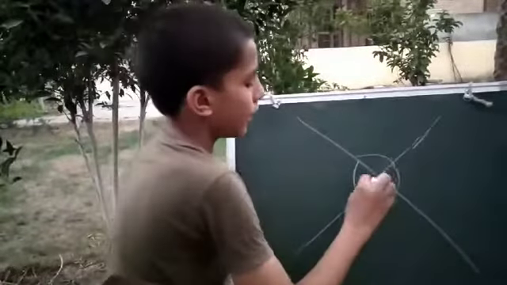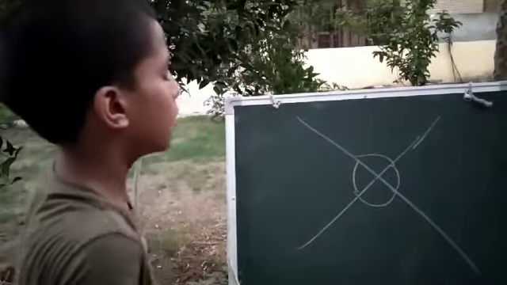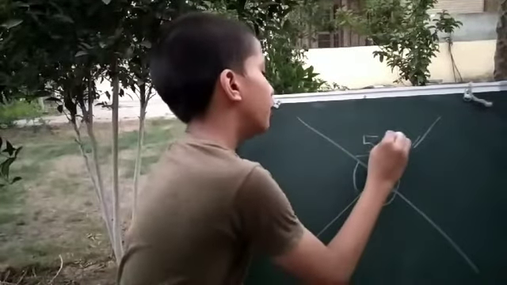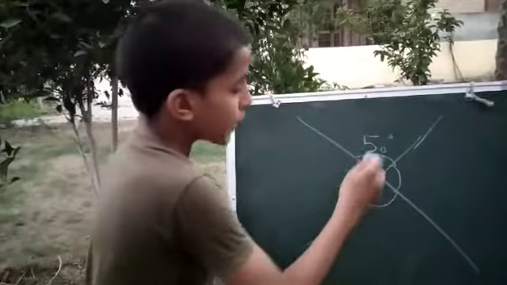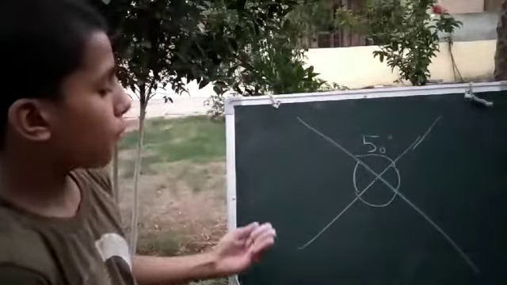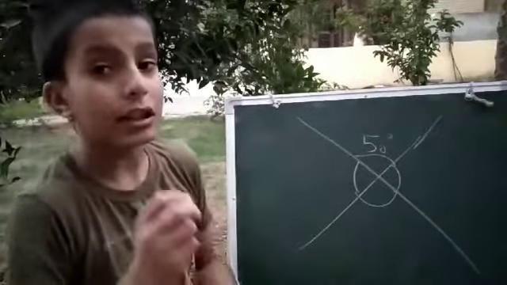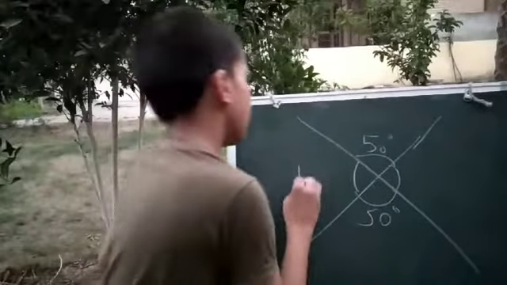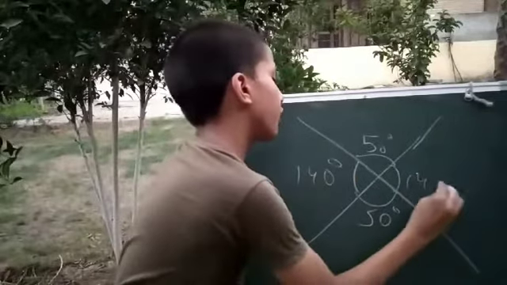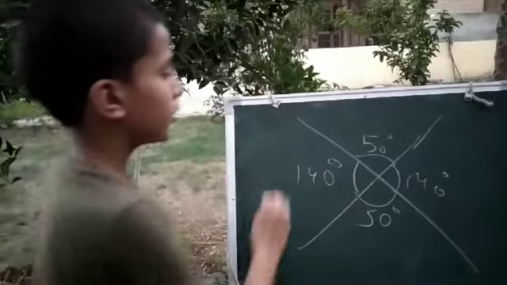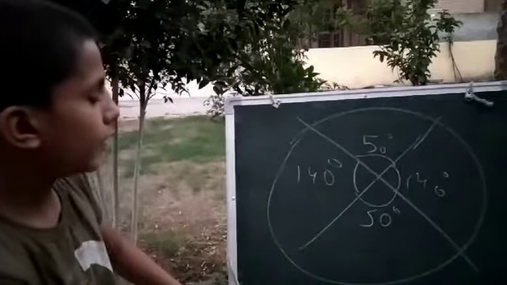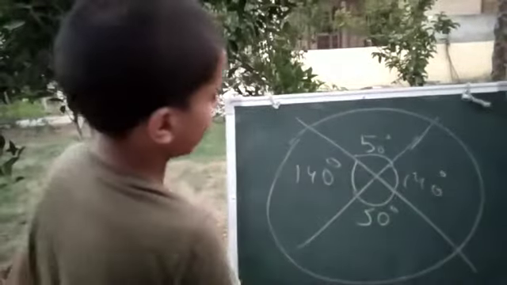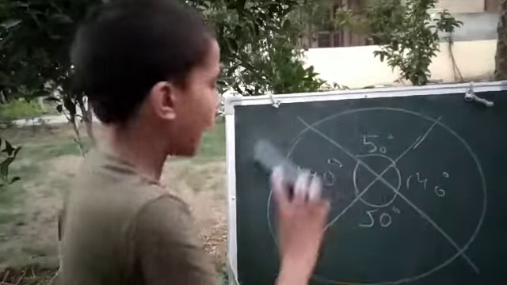If this angle is 50 degrees, the opposite angle is the same, 50 degrees. If this is 140 degrees, this is also 140 degrees. This is our intersection, vertically opposite angles.